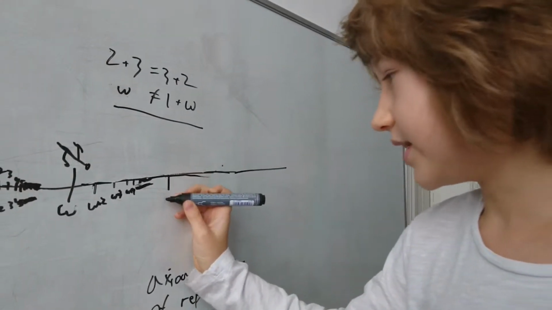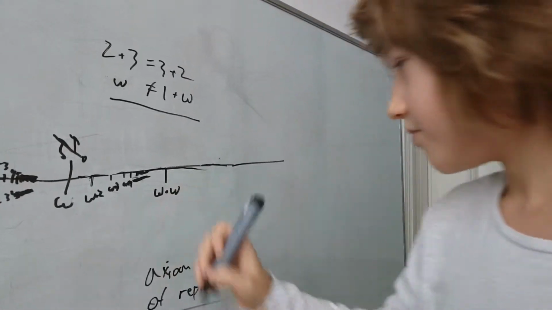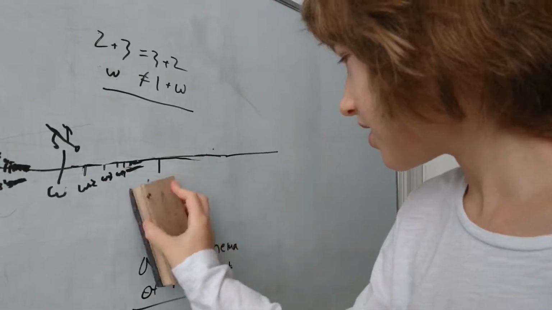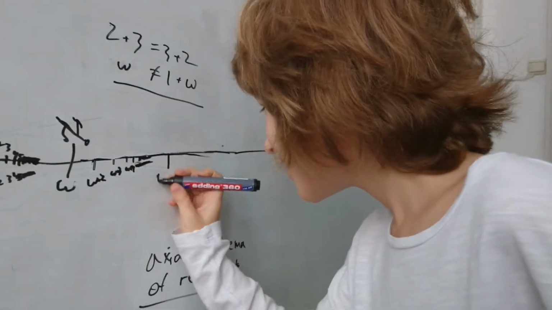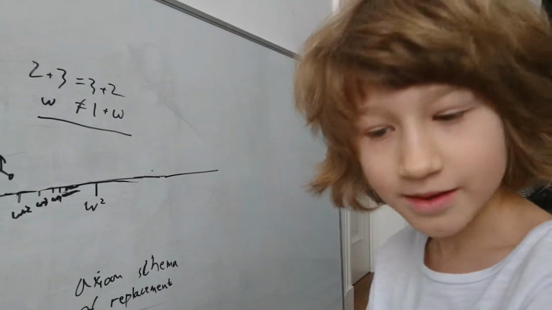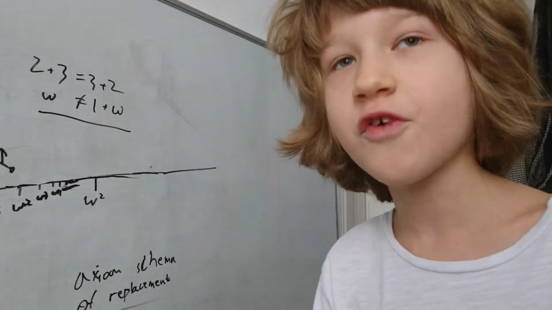And eventually we get to omega times omega, omega squared. Oh, this is where omega squared came from. Now I get it. This is where omega to the power of omega came from. And then we can do the same thing with powers and get omega to the power of omega.